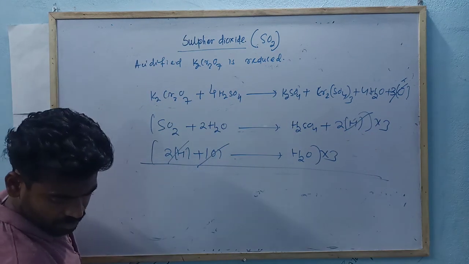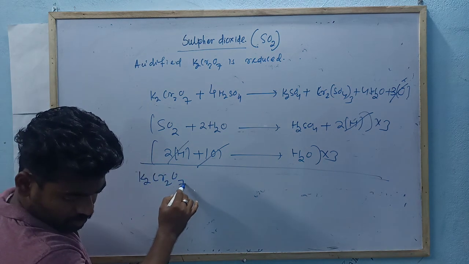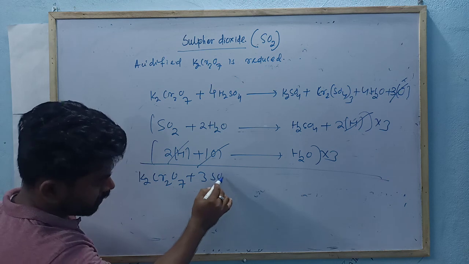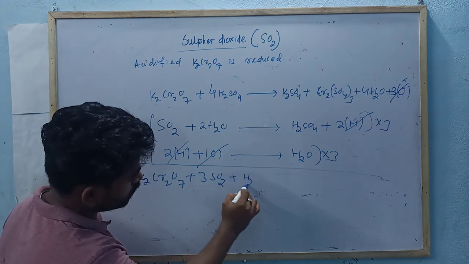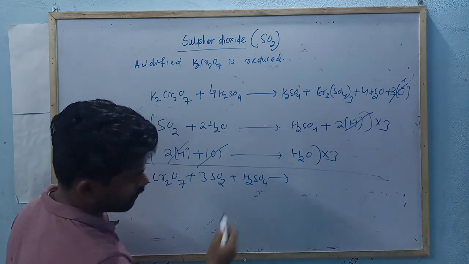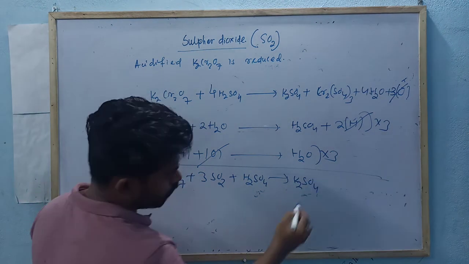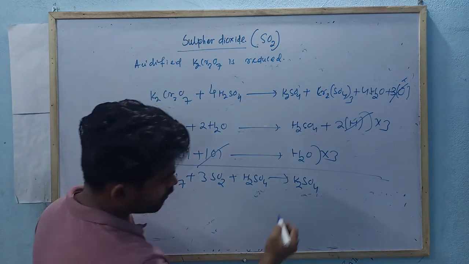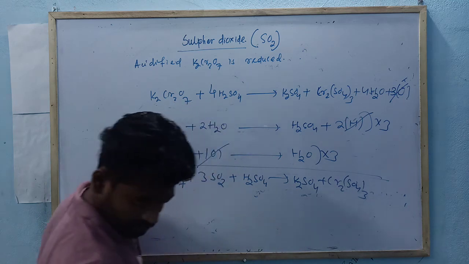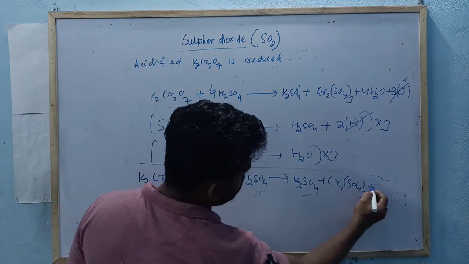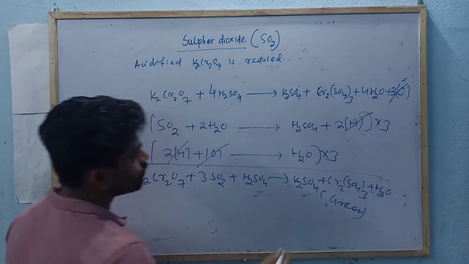So you can write down the final equation, that is K2Cr2O7 plus 3SO2 plus H2SO4 giving rise to K2SO4 plus Cr2(SO4)3 plus H2O, and its color is green.